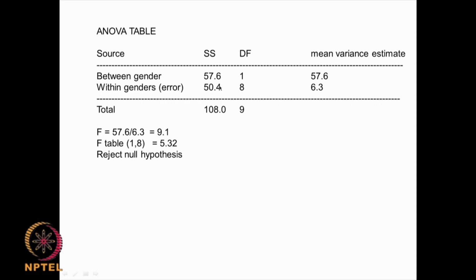I know how to calculate, I told you, divide by 8, I will get this. F value is the ratio of this by this, and the F table value is 5.32 for 1 and 8 degrees of freedom. Then I compare the F table value with the F value calculated, and in this particular case I will reject the null hypothesis.